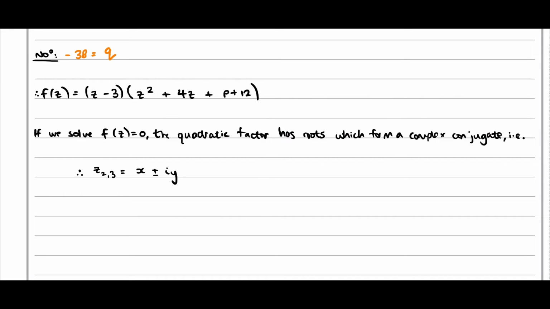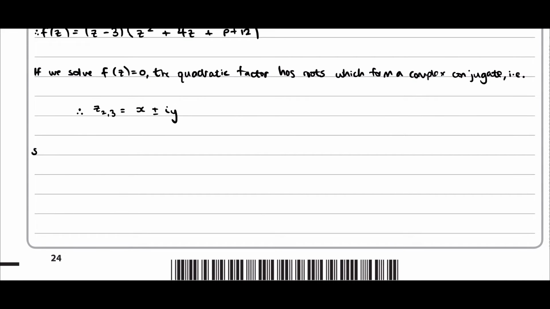So what can we say from here? Our quadratic factor z squared plus 4z plus p plus 12 equals 0. This would have roots of z equals x plus minus iy. And if we use the sum of the roots and the product of the roots for a quadratic, first of all, you'll notice, we'll do this in a different colour. A is equal to 1, B is equal to 4, C is equal to p plus 12.